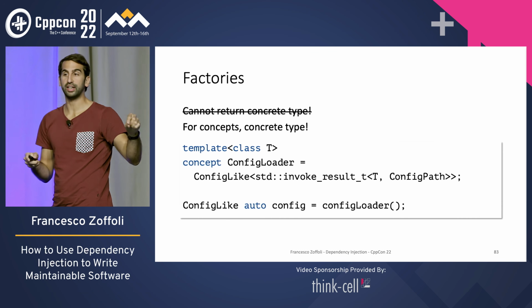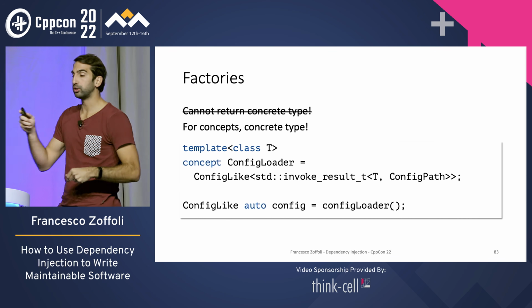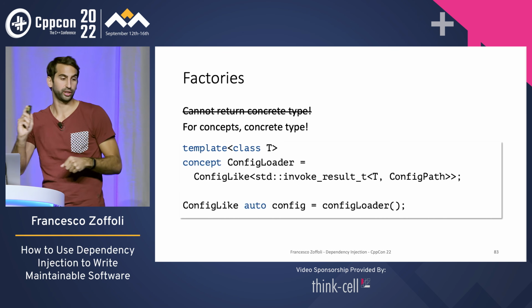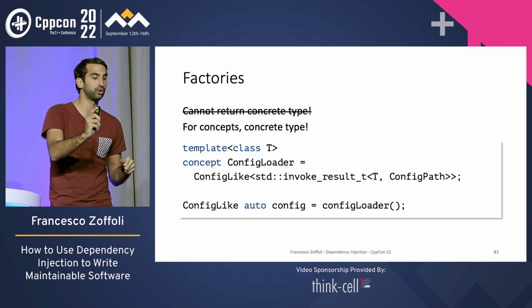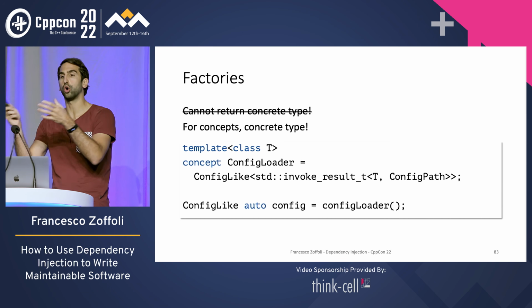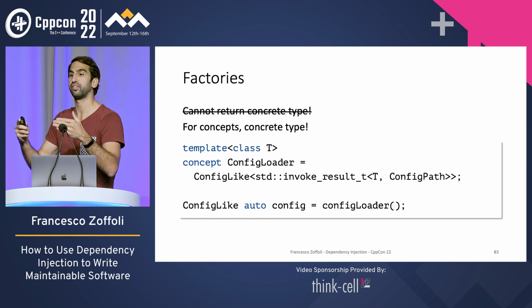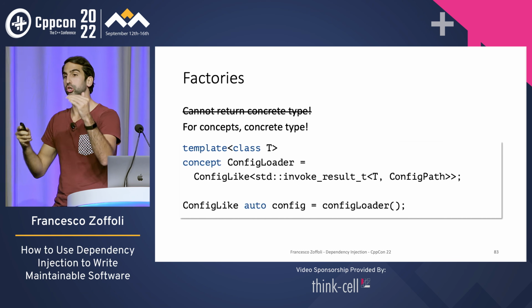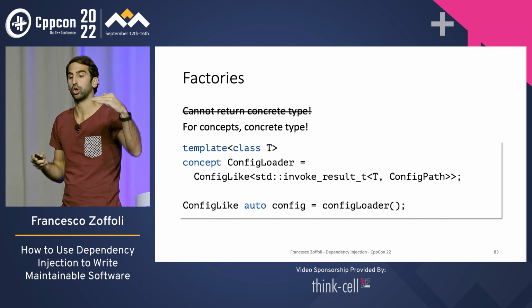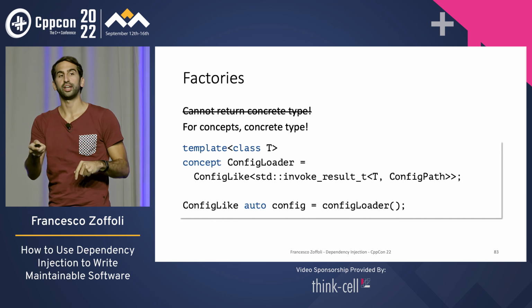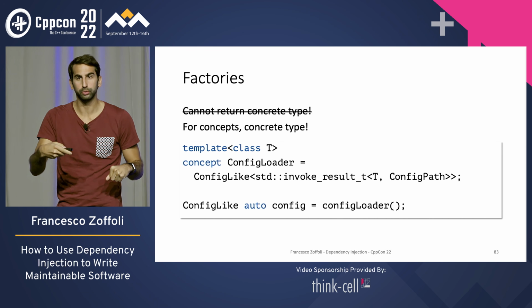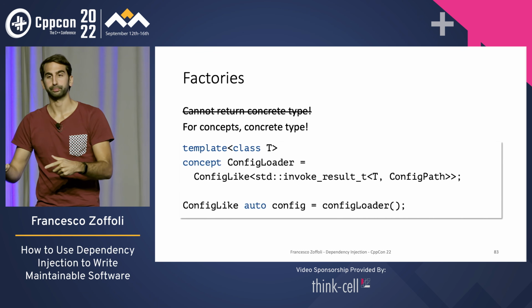In this case, config-like is a concept. And when you use this config loader, which satisfies the config loader concept, you can assign it to auto, so you're not going to specify the concrete type. You're just going to specify that it satisfies a contract. But the config loader is going to return by value a concrete type.